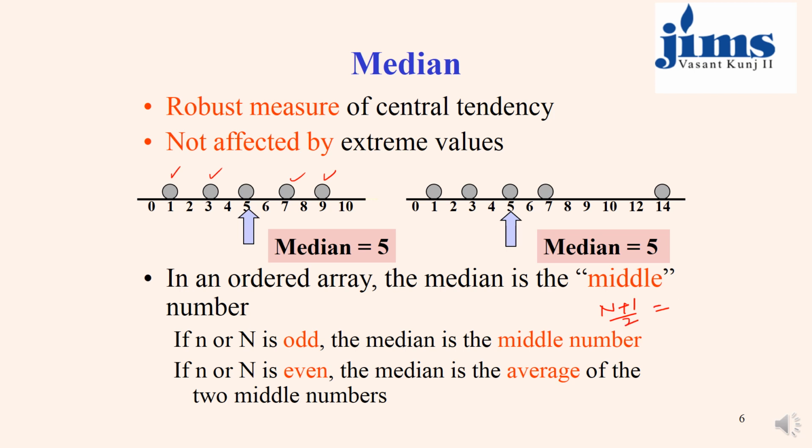I hope it is clear to you. How many data are given? There are 5 data, 5 plus 1 divided by 2 is the third item. Similarly here there are 5 items. It depends on whether the number of data is odd or even, and we can find out the median accordingly.